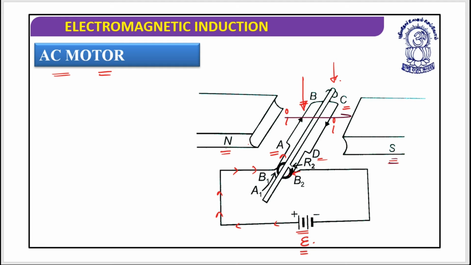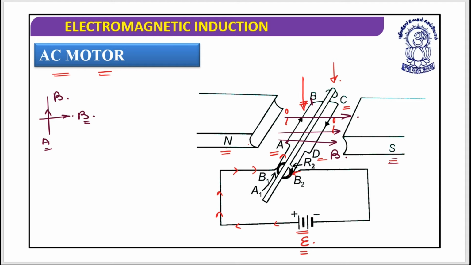So there must be a magnetic field in this direction. In this rectangular coil, from A to B, this is the wire A to B, and this is the region of the magnetic field.